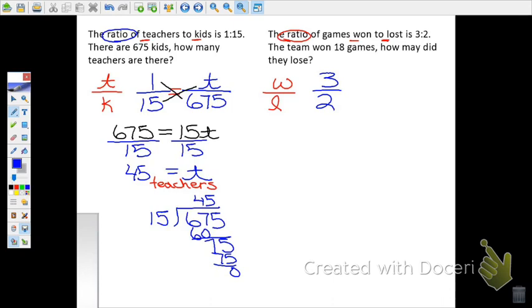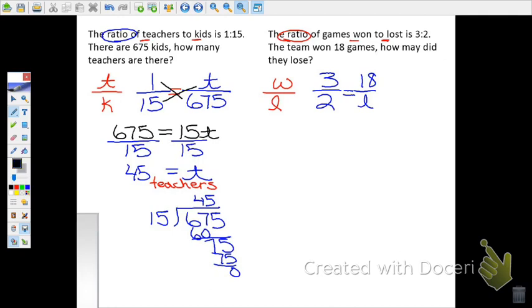Second statement says the team won 18 games. So that 18 needs to go in the numerator. We're looking for how many they lost. So again, we've set up a proportion.